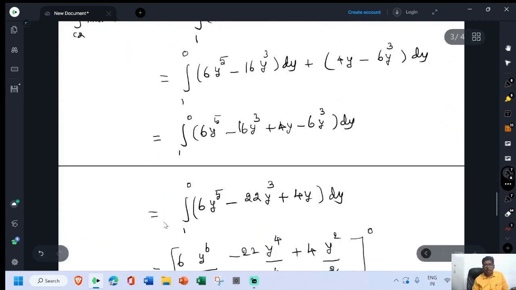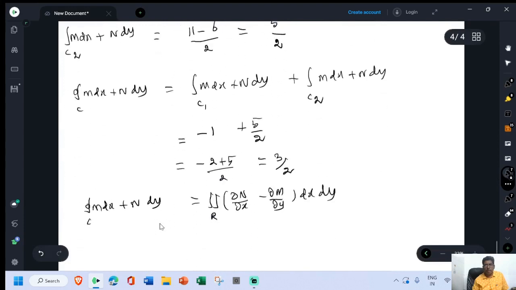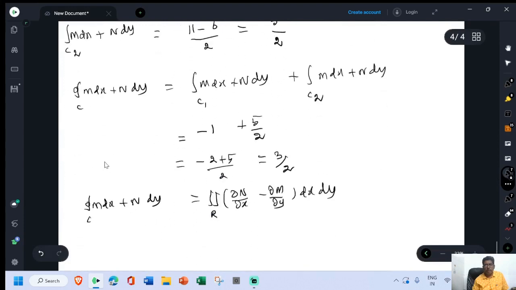Then the value of M dx plus N dy is M dx plus N dy over C1 plus M dx plus N dy over C2, that is 3 by 2. So this is 3 by 2, this is also 3 by 2. Therefore the Green's theorem is verified for the given problem.